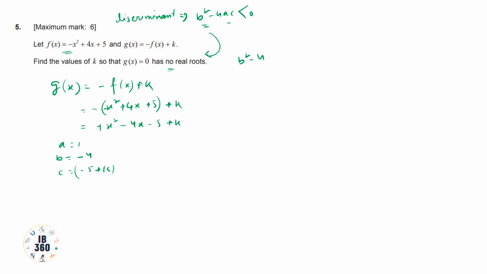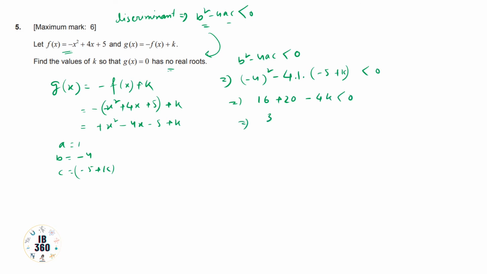So now b square minus 4ac less than 0. We are getting b as minus 4 whole square minus 4 into a value 1 into c value minus 5 plus k, less than 0. From here we are getting 16 plus 20 minus 4k less than 0.